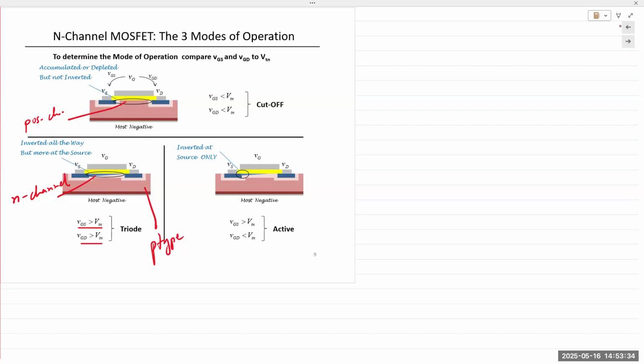And then when VGS is greater than VTN, it allows current to flow between the drain and the source. Okay. So VDS, the drain source voltage, controls the drain current. In this case, the drain current is exactly the same as the source current, IS.